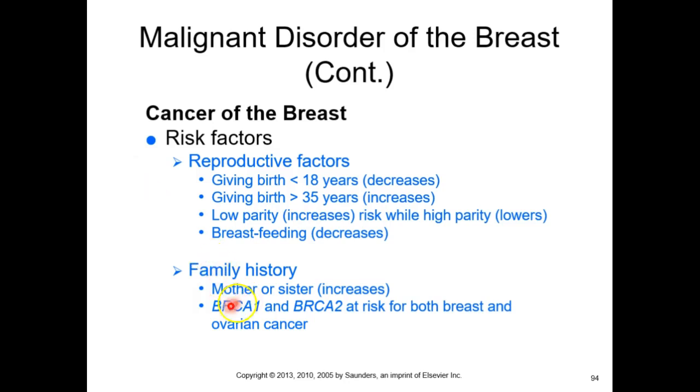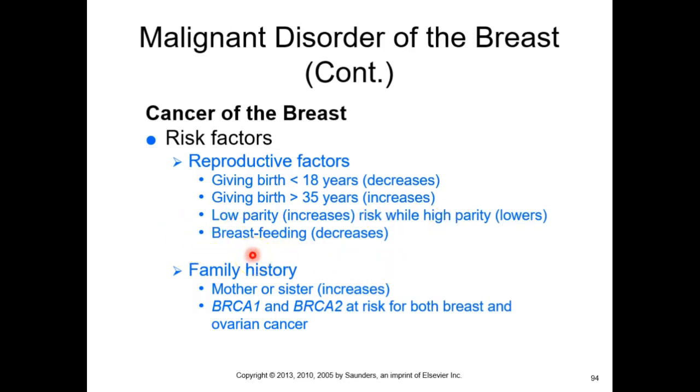I want to clarify, childbirth also increases the risk of other things, including other cancers. So there's no motivation here to have more children or have children at a younger age, just to avoid breast cancer. Giving birth after the age of 35 increases risk of breast cancer. Low parity means fewer children, which risks more breast cancer.